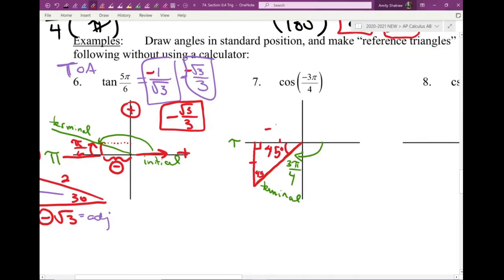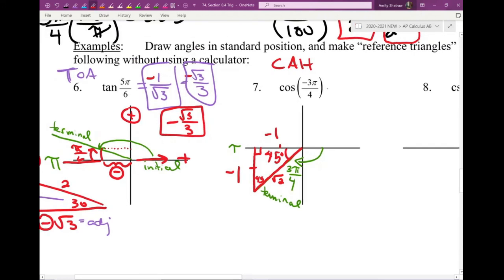This is going to be -1, right? Negative because I'm going in that direction on the x-axis. This is also going to be -1 because I'm going down. And then for my square root of 2, that would be my hypotenuse. And if I want to do cosine, remember that cosine, so CAH TOA, is going to be adjacent over hypotenuse, which is going to end up being, ready, -1 over the square root of 2, which you can leave just like that.